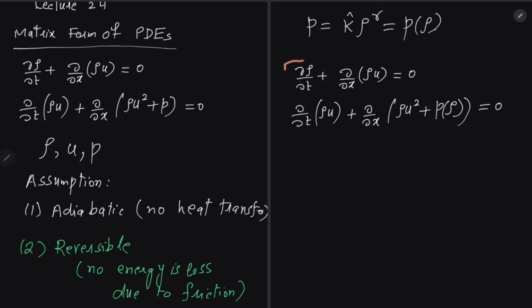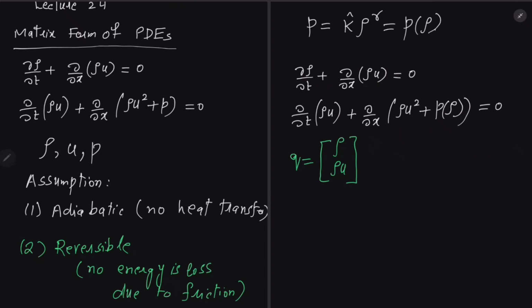So I want to write these two equations into a matrix form. Here we have Q, and this is rho U. So Q will become rho and rho U due to the first term, and then the flux will become, these two terms are inside the derivative, so these are the flux term.